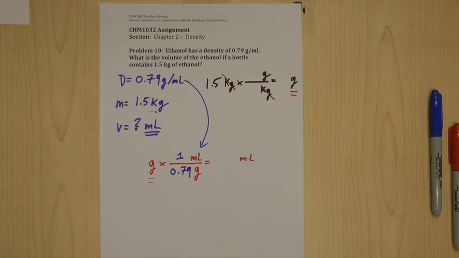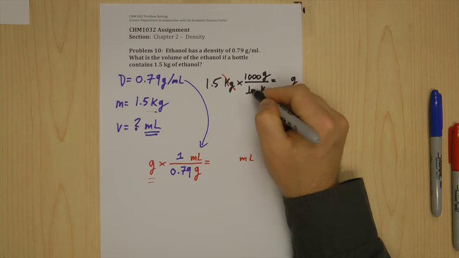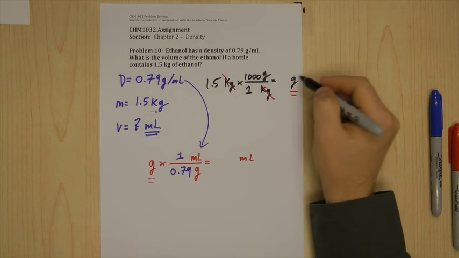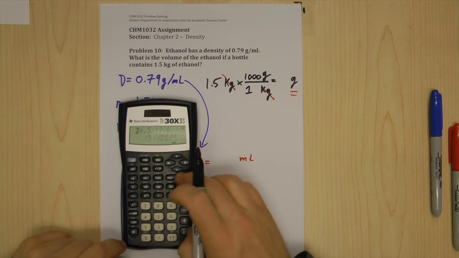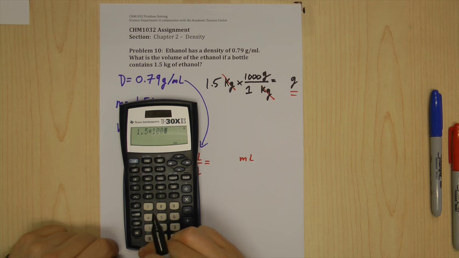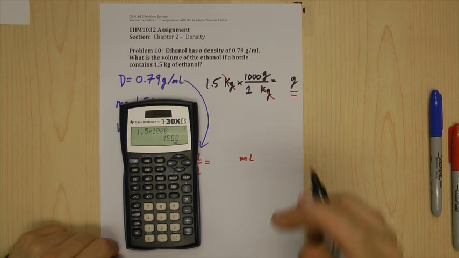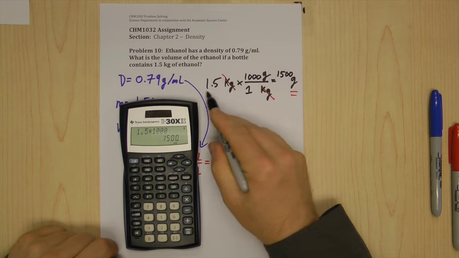1.5 kilograms. We know that there are 1,000 grams in 1 kilogram. So for my final answer in grams, let's get the calculator out. You can probably do it in your head, but let's do it on the calculator so people can see it. Multiply by 1,000: 1,500 grams. Two significant figures.